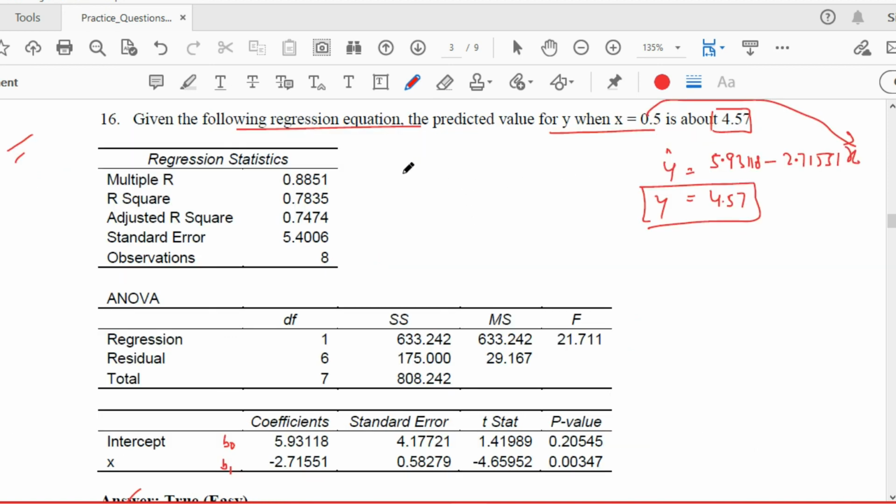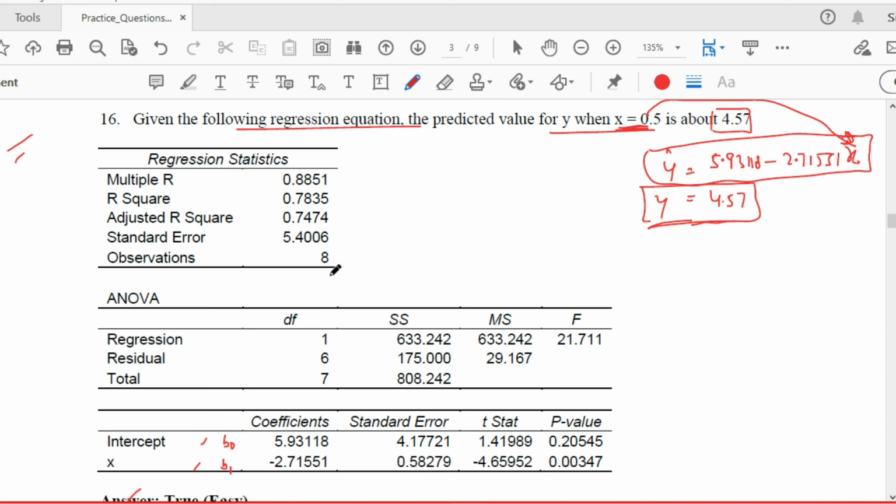With the help of these regression coefficients, first make your regression line, then put the given x value here and find y, and you can easily check whether your answer is right or wrong.